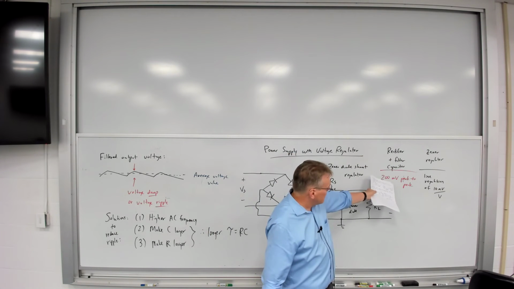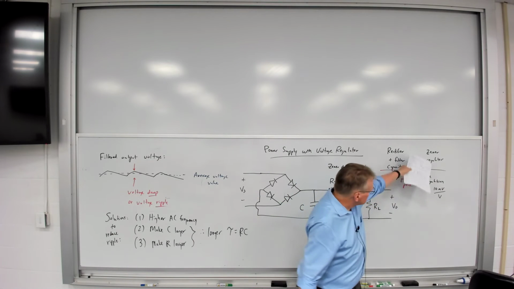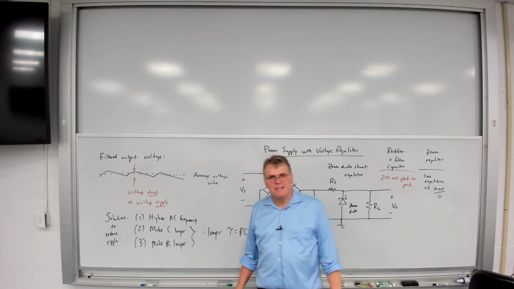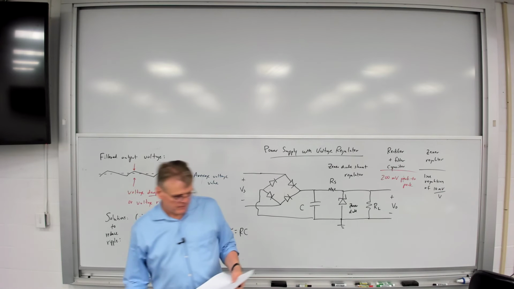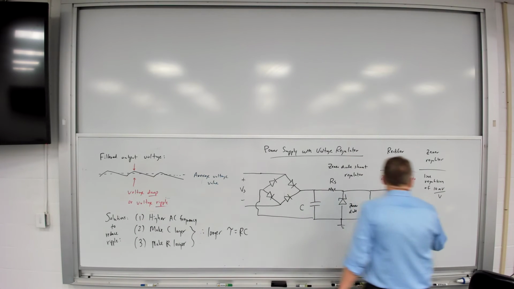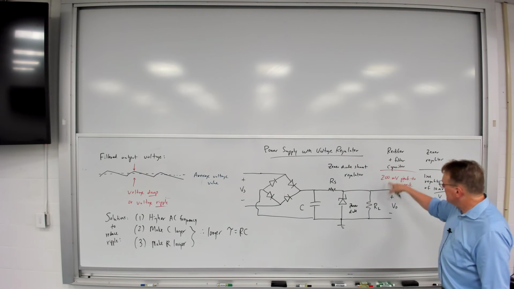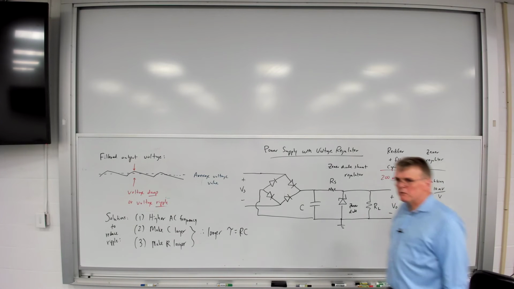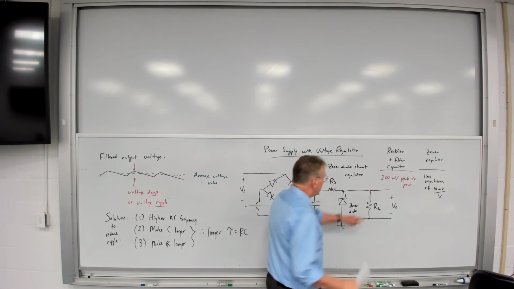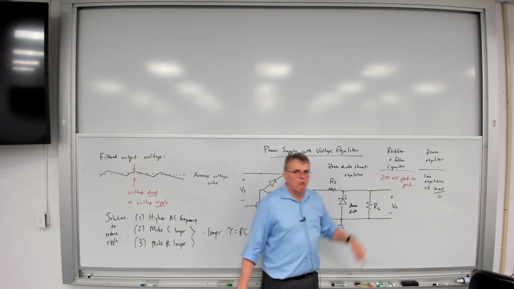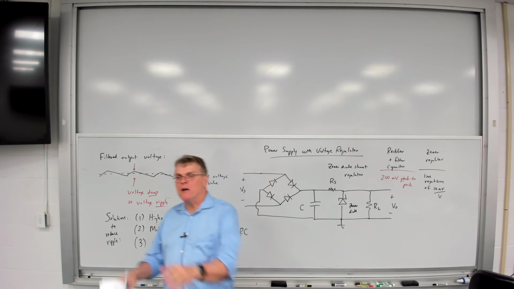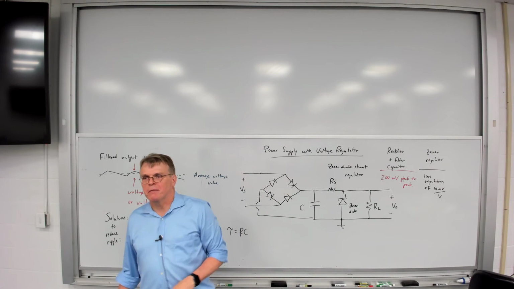So I've got 200 millivolts peak-to-peak ripple, but I've got a Zener regulator with a line regulation of 10 millivolts per volt. So if I connect the Zener regulator to the output of my filter capacitor, what would I expect the ripple at the output to be on the other side of that Zener regulator?